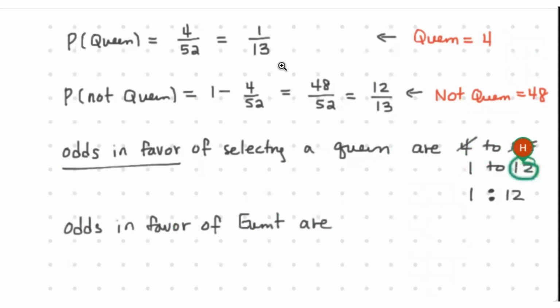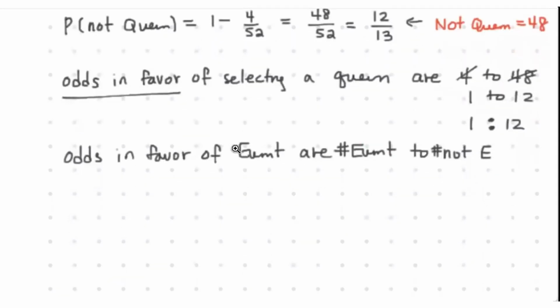We get 1 queen, and where did you get 48? Not queen. So event to not event. Number of events to number of not events. One more: odds in favor, odds against.